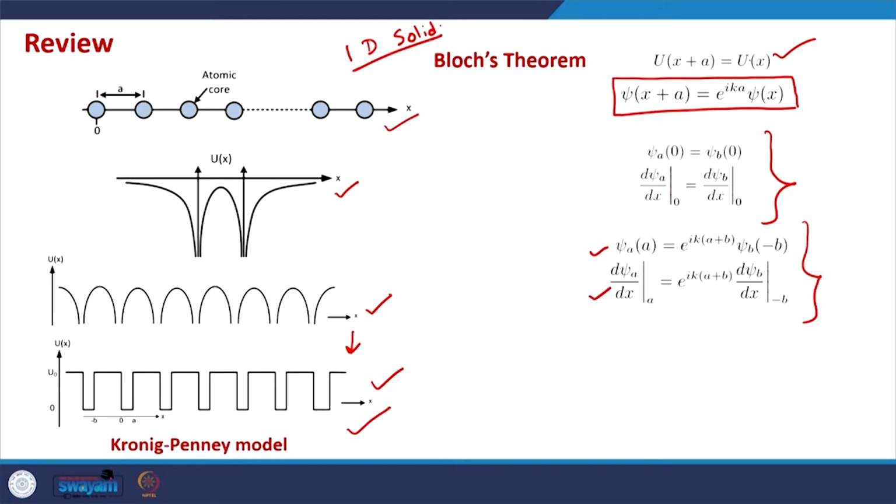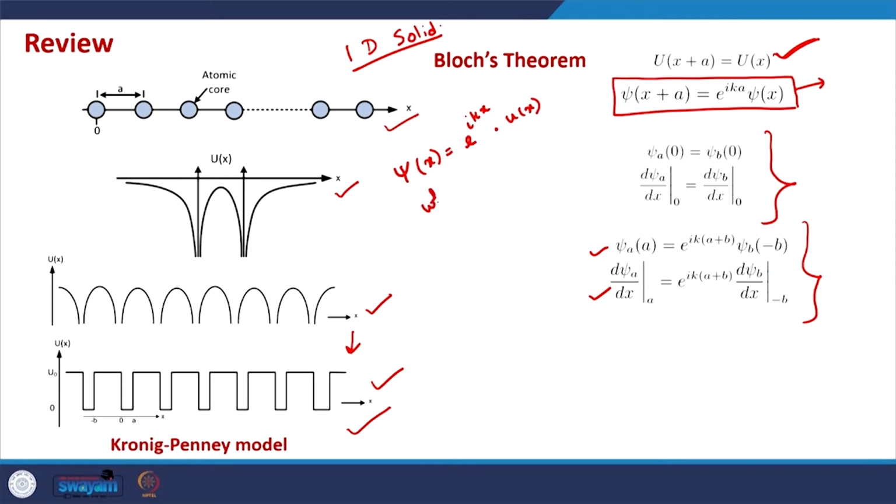So given a periodic potential, this is the statement of Bloch's theorem. An equivalent statement of Bloch's theorem is that in a periodic potential the wave function can be written as a plane wave multiplied by a periodic function.